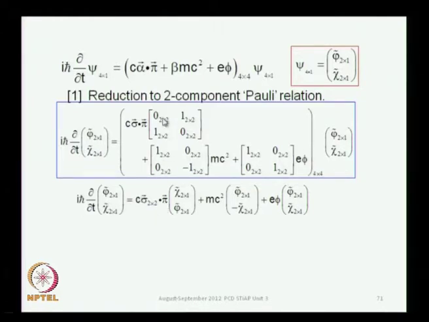When this operator operates on this, chi goes to the top and phi comes over here, because this is not a diagonal unit matrix, it has 0 elements along the diagonal, and it has the 0 1 1 0 structure, which is what gives you chi and phi over here, and in the second term, mc square, you get phi and minus chi. So, that is what you get.